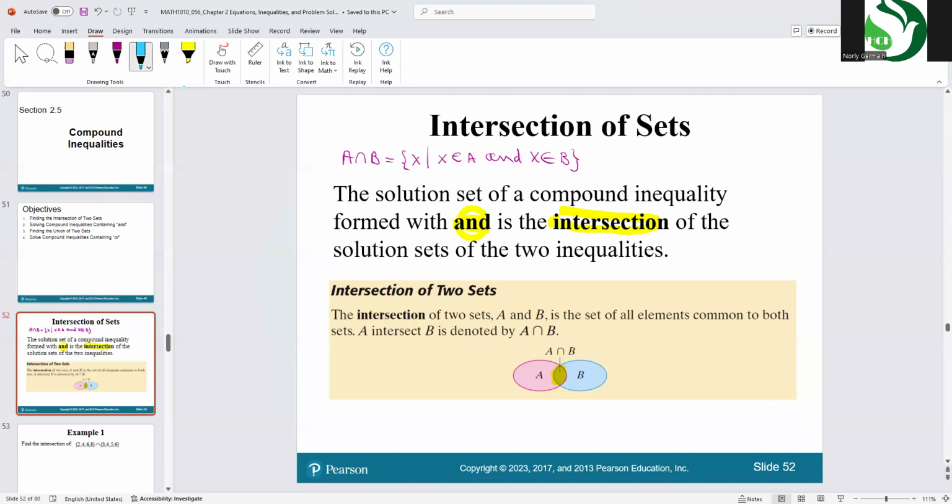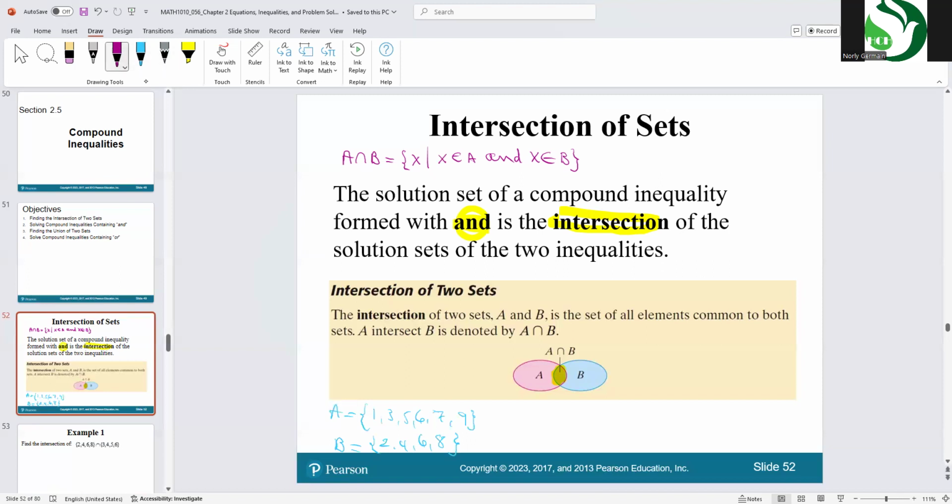Let's say set A has the elements 1, 3, 5, 6, 7, 9, and set B has the elements 2, 4, 6, and 8. What is the intersection of A and B?